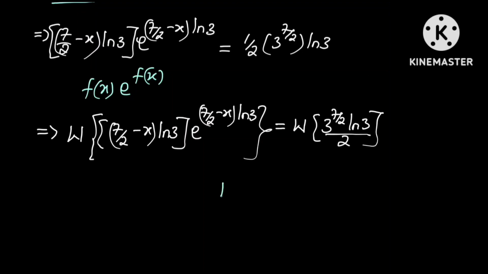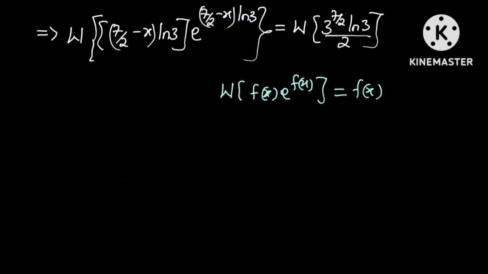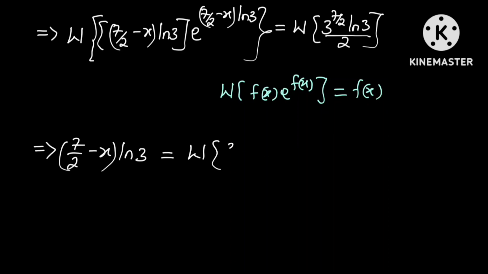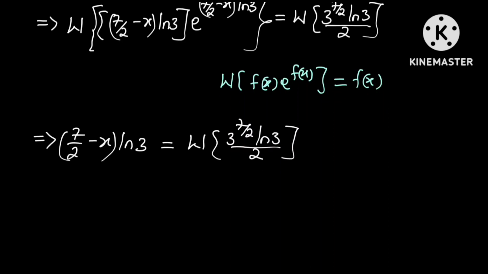Again, recall that W of f of x multiplied by e raised to the power f of x is just equal to f of x. And so this implies that 7 on 2 minus x multiplied by ln 3 is equal to W of 3 raised to the power 7 on 2 multiplied by ln 3 divided by 2.